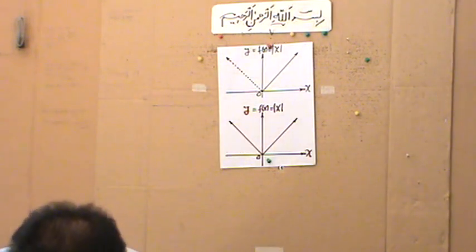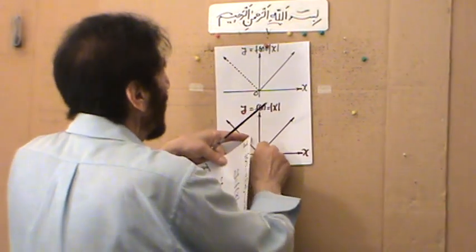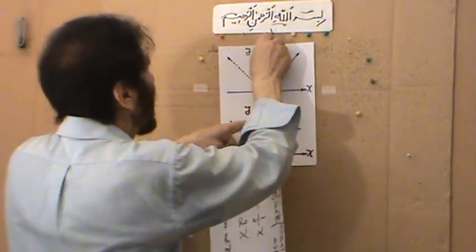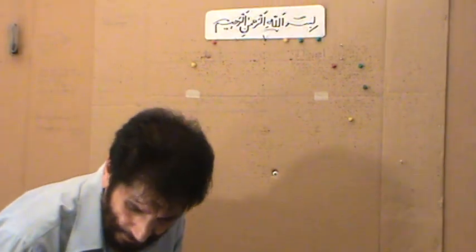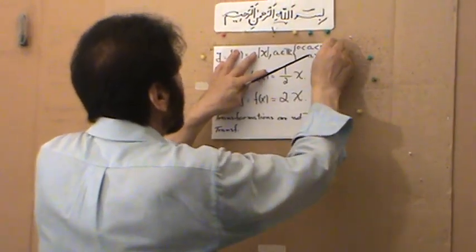Okay, now let's go and see what happens to the graphical transformation of this parent graph of the absolute value.